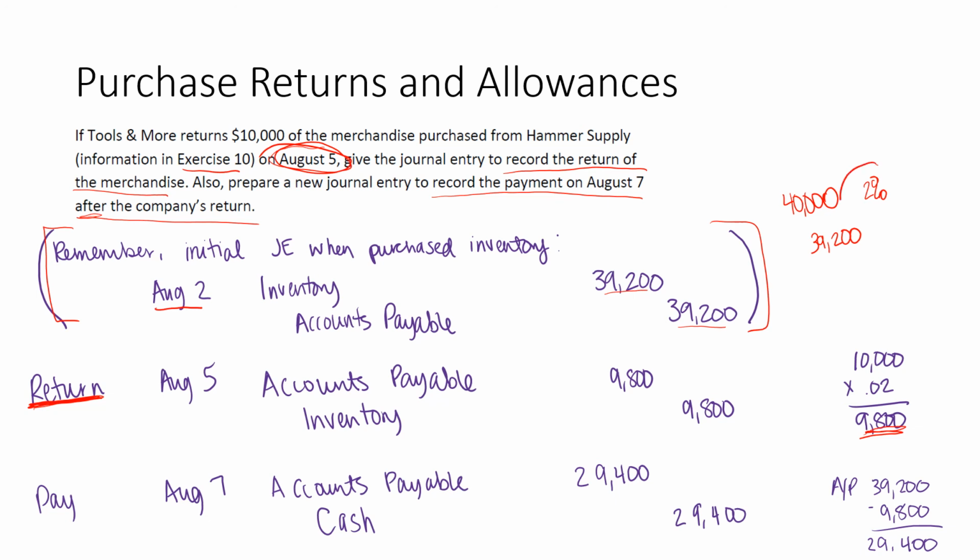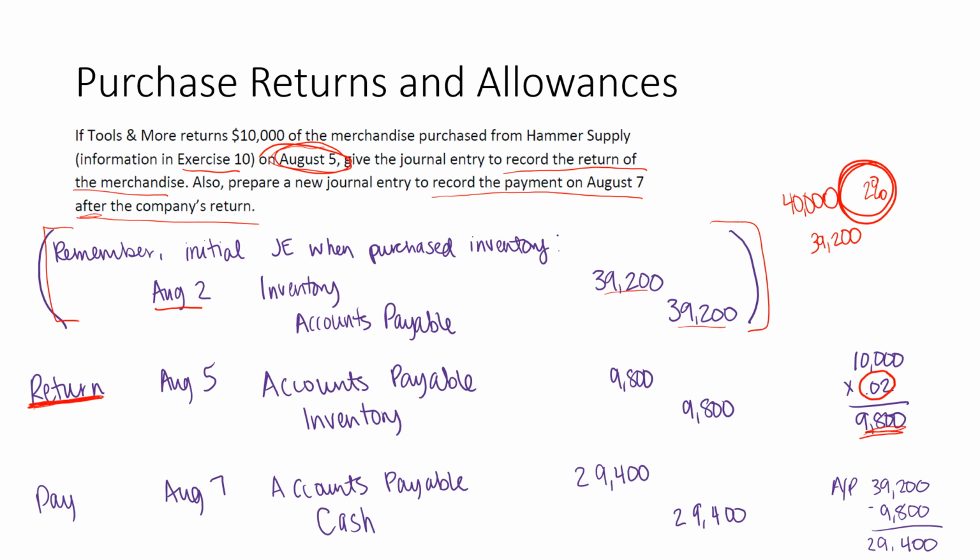So anytime a discount is applied when the merchandise is purchased, if any is returned after that, you also have to use that same discount amount to calculate the amount for the journal entry to show when the merchandise was returned.